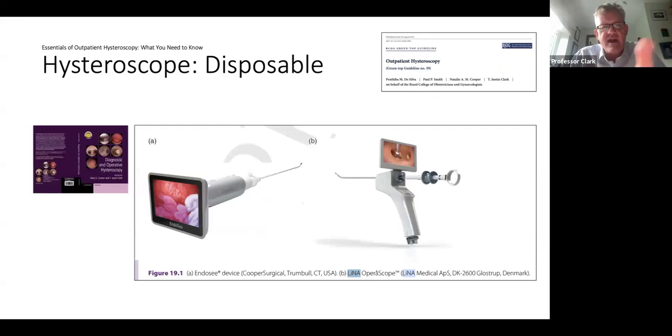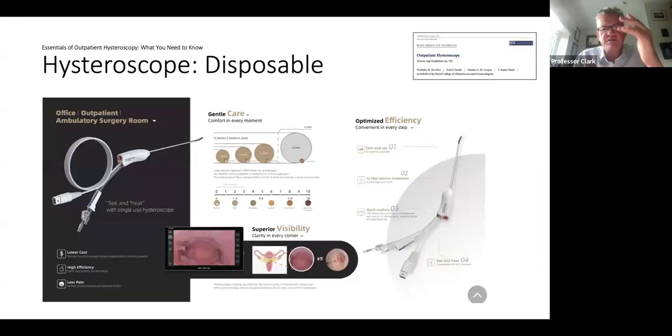We've now got new disposable scopes as well. The one that we're currently using at the moment, the Macrolux scopes, these disposable scopes give superb views. And again, in later webinars, we'll discuss the pros and cons of the different types of hysteroscope, particularly this type of scope.